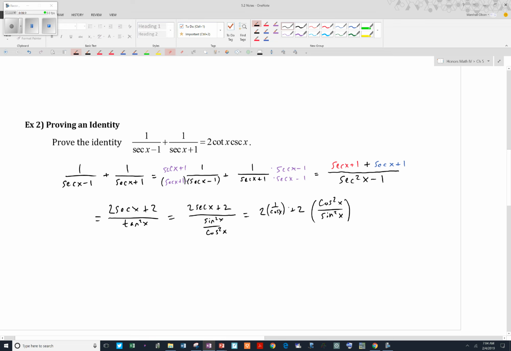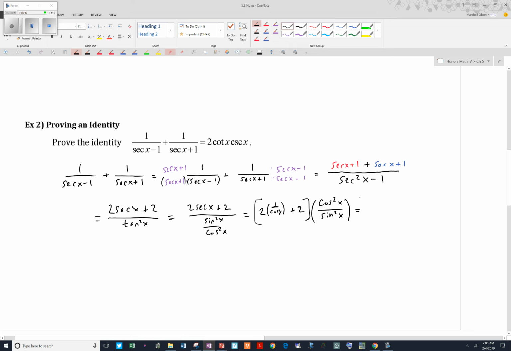So I haven't changed anything. I'm also going to put this numerator, because it's 2 terms, in some sort of brackets or parentheses. Now I'm going to distribute that cosine squared over sine squared in. And I'm going to consider this 2 to be up there right now. 2 times that would just be 2 over the cosine of x.